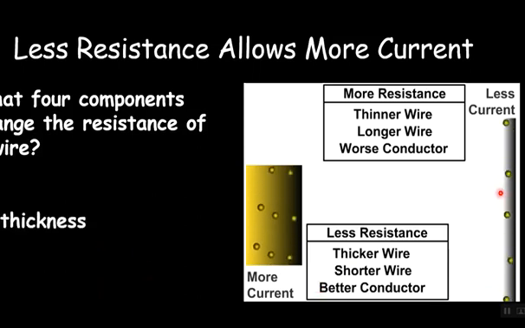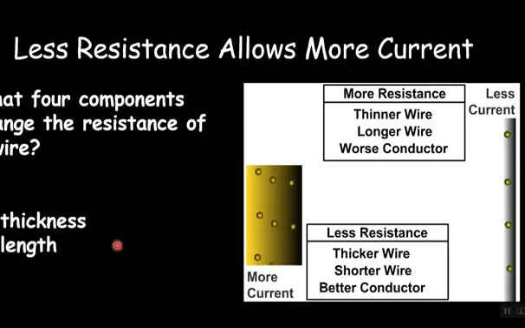Now if we look here, this one only has a width that allows one electron at a time. This one is wide enough to allow more electrons at a time. So the thicker the wire, the less resistance. The thinner the wire, the more resistance and the less current. So less resistance, more current; more resistance, less current.